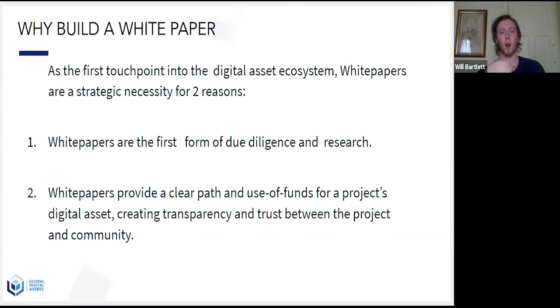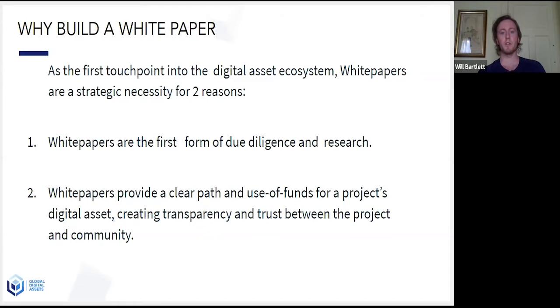So here's a bit about our white paper offerings. The important thing to understand is why white papers are so key to a project. For any investor, for any user, they're really the first touch point into your digital asset ecosystem. If they don't understand what's going on, then they're not going to be interested.